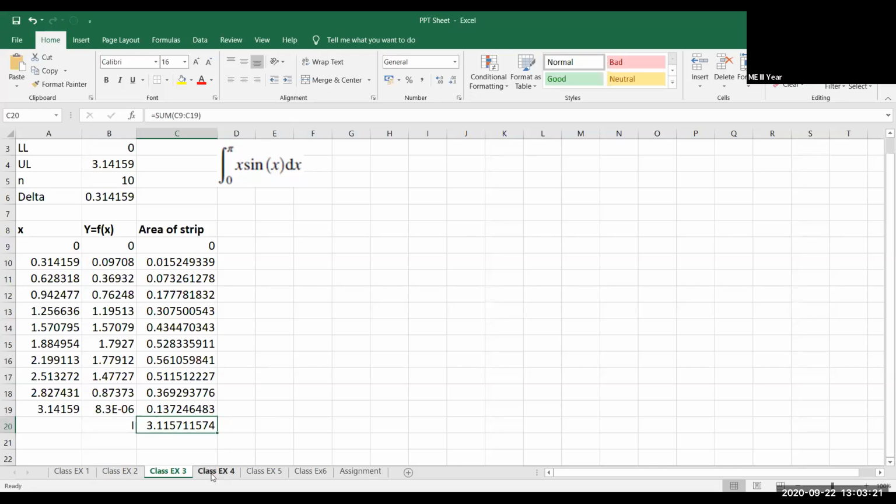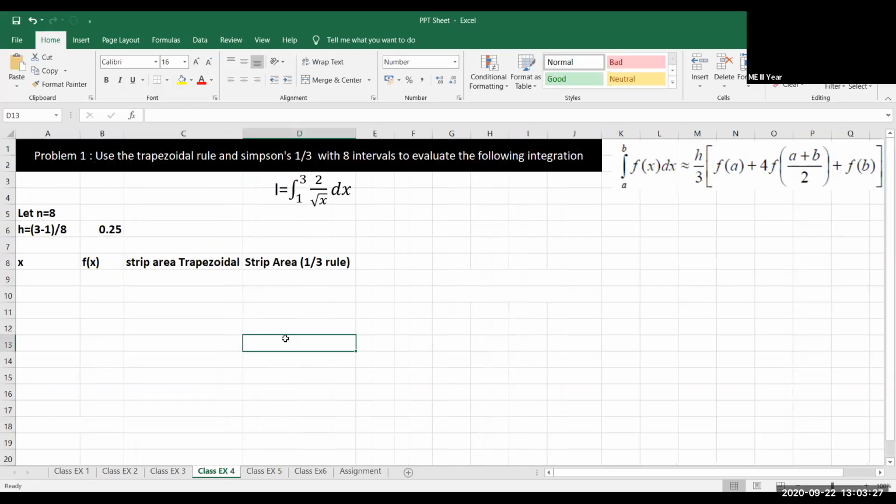So now coming to the fourth exercise. Here you have to apply the trapezoidal method and Simpson's one-third rule. Both you have to apply, and here the interval value is given as 8, and our function is given.